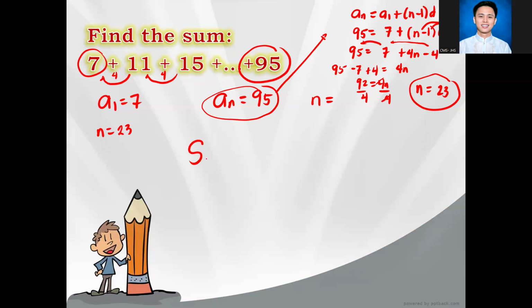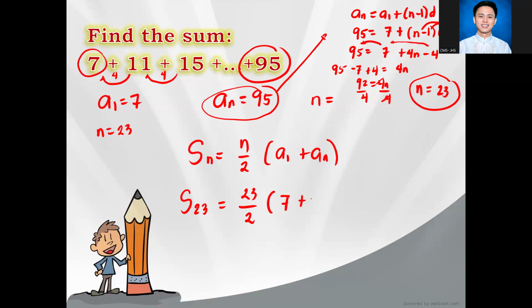We can make use of Formula 1, right? So S sub n equals n over 2 multiplied by the first term and the last term. Substitution. Sum of the 23 terms equals 23 over 2 times the first term plus the last term. The last term is 95. So simplify. 23 over 2. 95 plus 7 is 102.